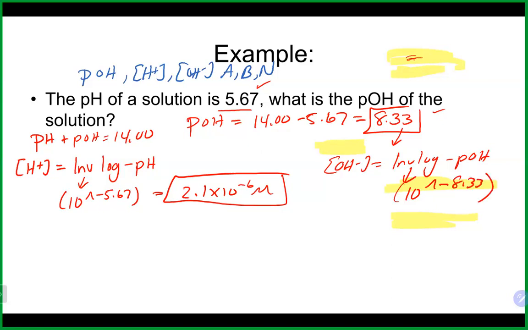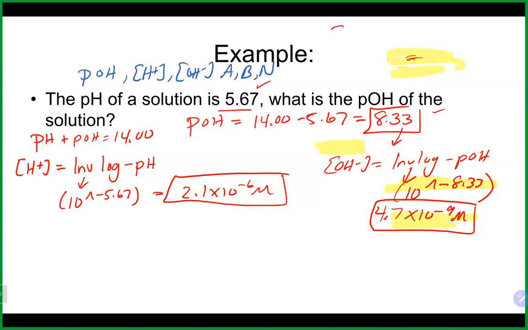And if you do that, you'll get something like 4.7 times 10 to the minus 9 molar. Or if you have your calculator in decimal form, you'll get a bunch of zeros with a 5 at the end because it ran out of room, basically. So if you're not in scientific notation, you got probably like 8 zeros and a 5 at the end of your calculator, most likely.